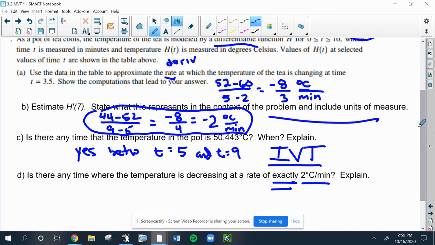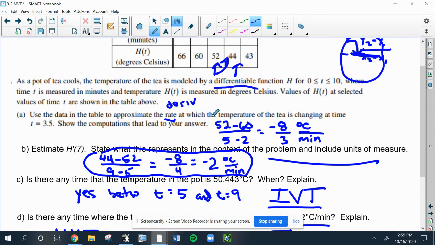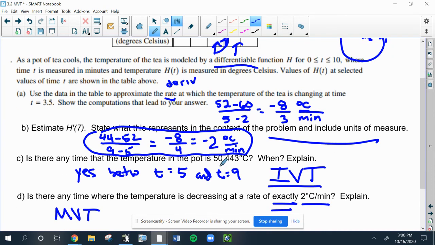The reason? Well, what we were just going over, the mean value theorem. The mean value theorem says if your function's continuous and differentiable, and it says it's differentiable, so that's important, and differentiability implies continuity, so it is continuous. Therefore, the mean value theorem applies.